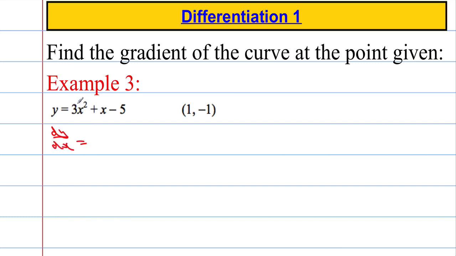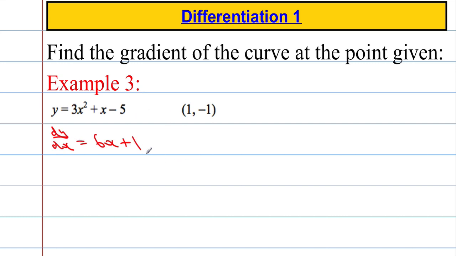So dy by dx will equal, take the power, multiply by the coefficient, reduce the power by 1. Do the same here. The power is 1, the coefficient is 1, 1 times 1 is 1, and x, when I reduce that power by 1, I'm going to get a 0 here. x to the power 0 is 1.